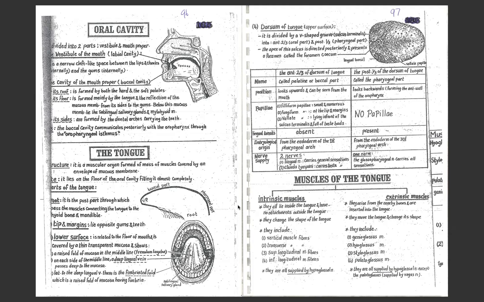Now you have parts. The tongue has two parts in general, the buccal part and the pharyngeal part. The buccal part is the part that you see when someone opens their mouth.